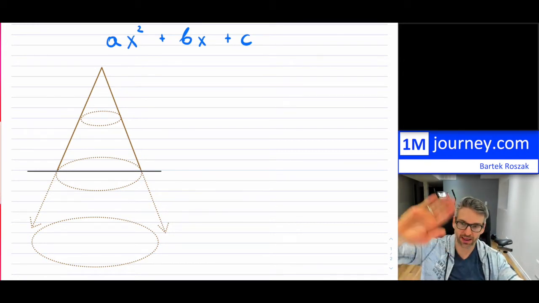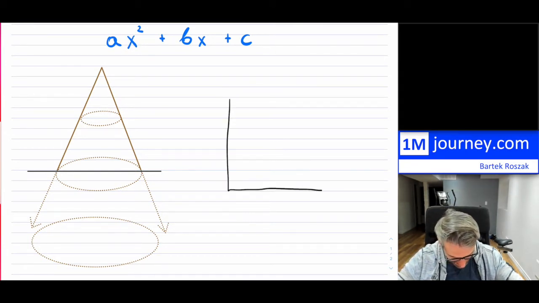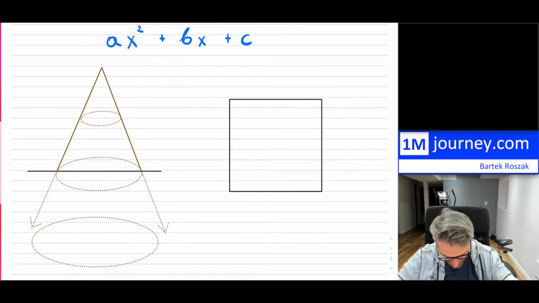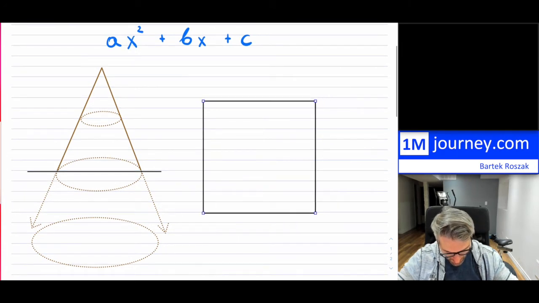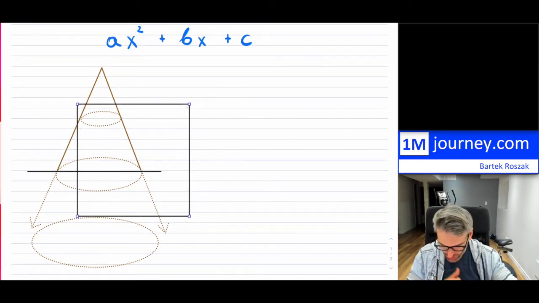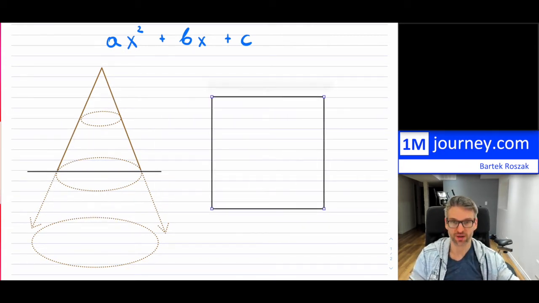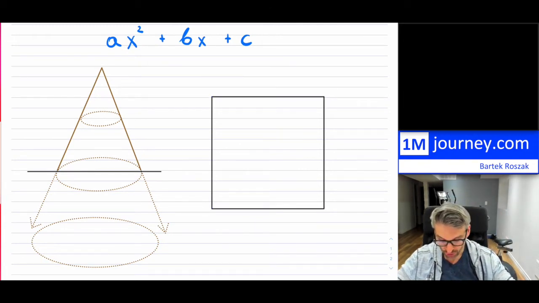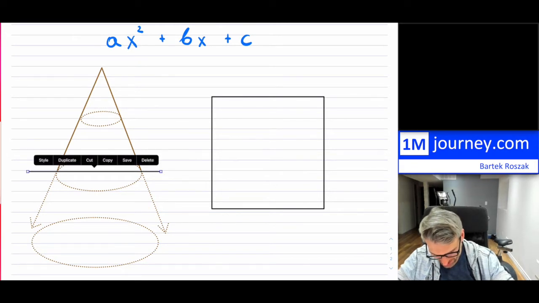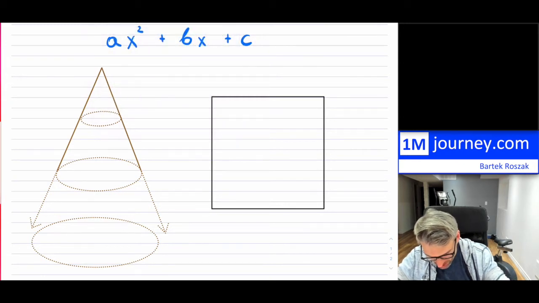But if you took an actual plane, like a sheet of paper, and imagine it's an infinite sheet, and you cross it through, it would intersect the cone, cutting right through it, and you would have this nice figure. If you cut it along, it would look something like this.